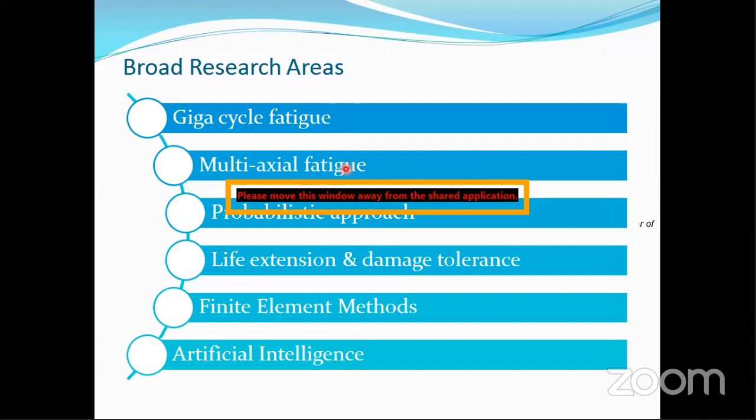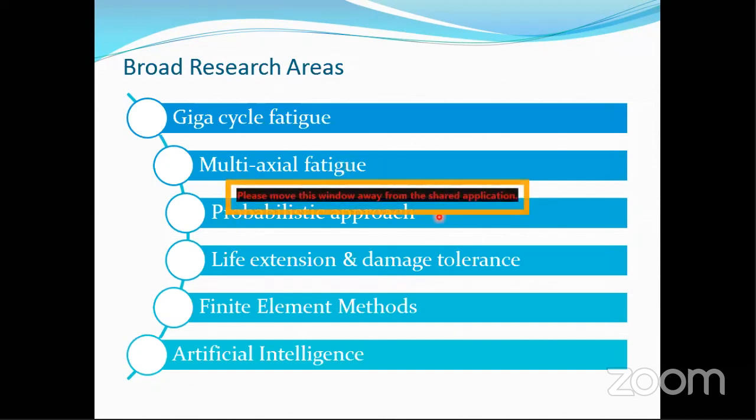Whatever we describe in SIF, we are mainly dealing with K1, that is the first mode. But if we consider the second mode, that is shear mode, and the third mode, tear mode, there will be a combined stress intensity factor. How to account for that, and how to estimate the fatigue crack life in the presence of them?